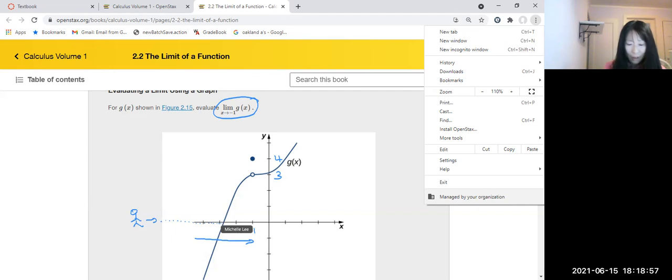Then my graph is here, right? So I'm following my graph. That is g of x, isn't it? Until -1. You understand? My g of x, my graph, is this one.